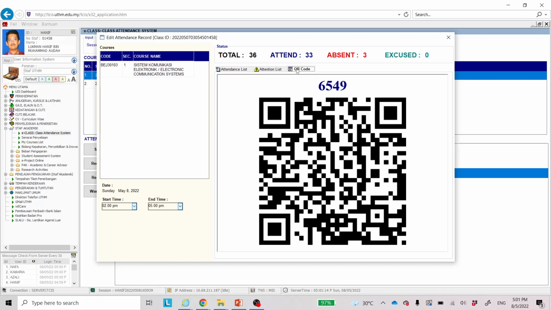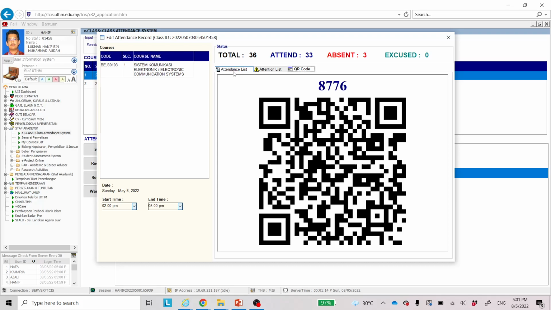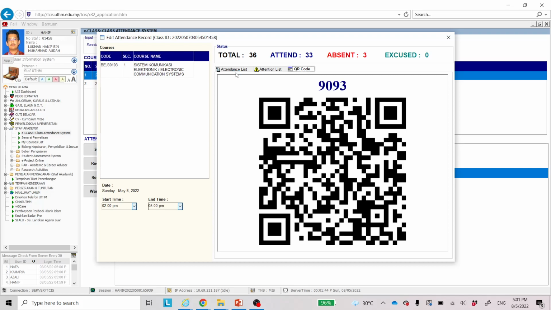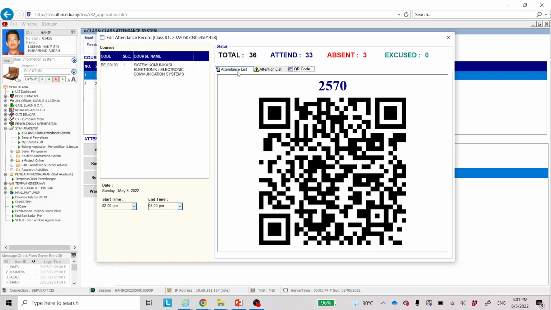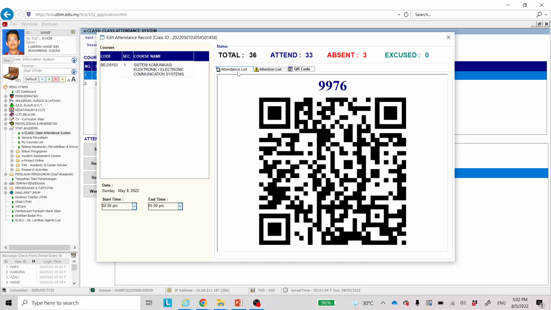Doktor, nak tanya, minggu ni Jumaat saya ada test subjek lain. Dia pukul 8 sampai 10, lepas tu subjek ni pukul 10. Dua subjek. Subjek apa?